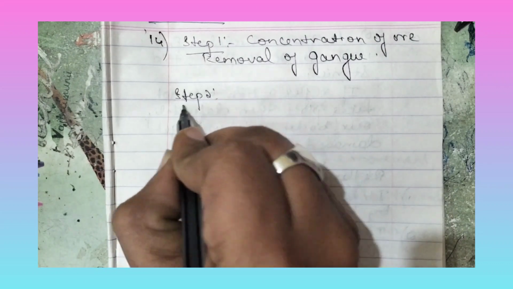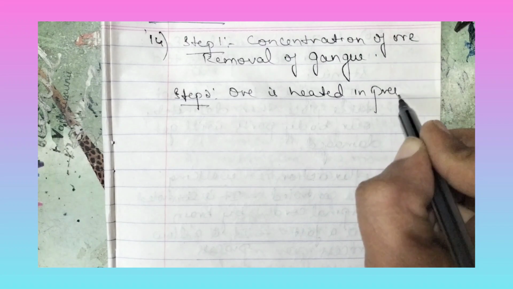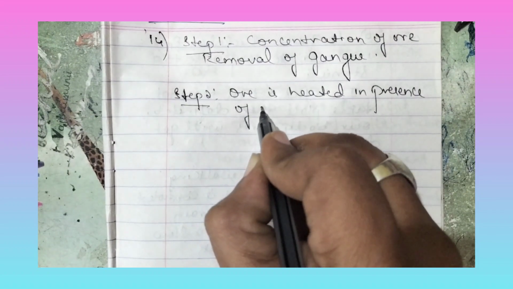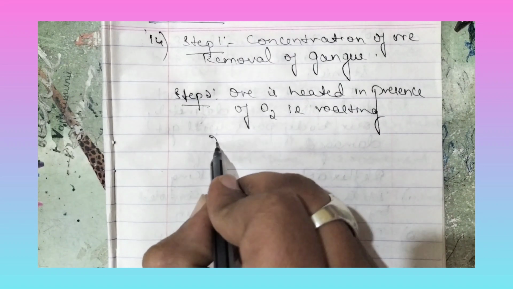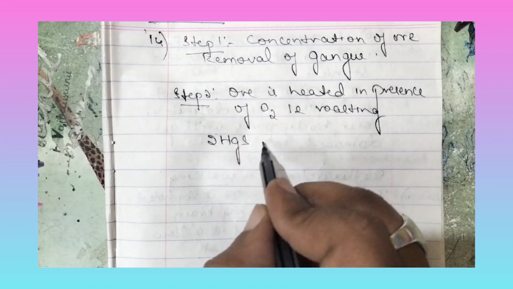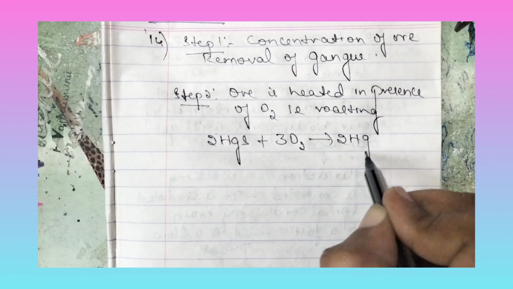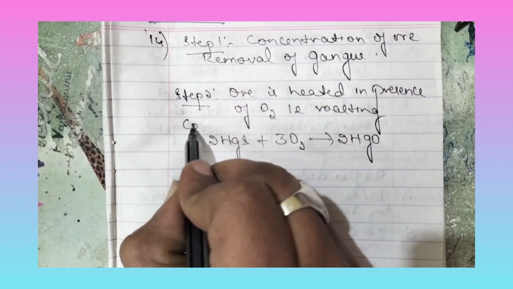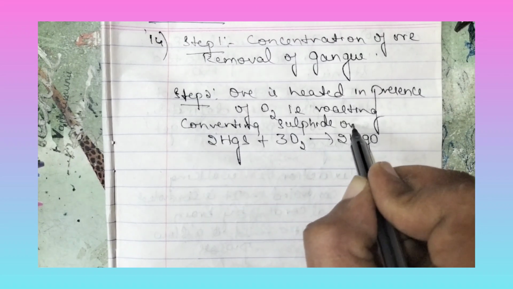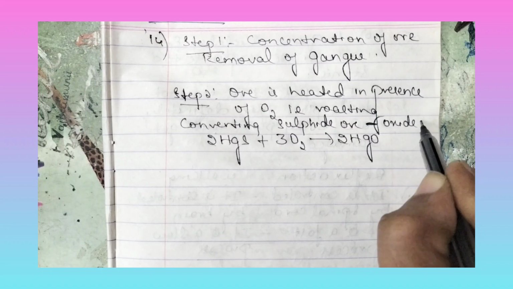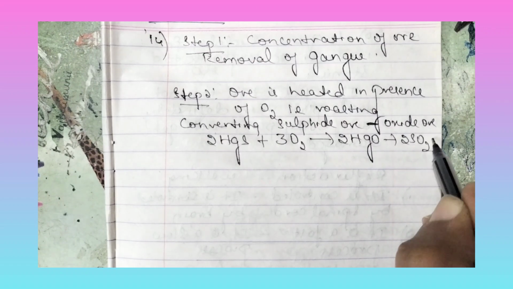Then step number 2: ore is heated in presence of oxygen, that is roasting. 2HgS, this is sulfide ore, plus 3O2, oxygen, forms 2HgO, that is, converting sulfide ore into oxide ore, and 2SO2, sulfur dioxide, is released.